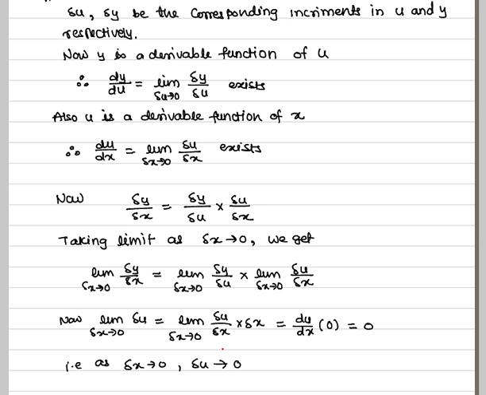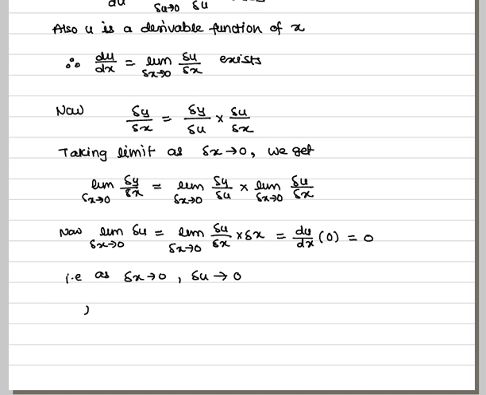By replacing delta x by delta u in the first factor on the right side, we get the limit of delta y by delta x as delta x tends to 0 is equal to the limit of delta y by delta u as delta u tends to 0 into the limit of delta u by delta x as delta x tends to 0.